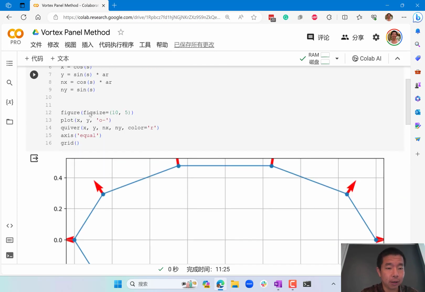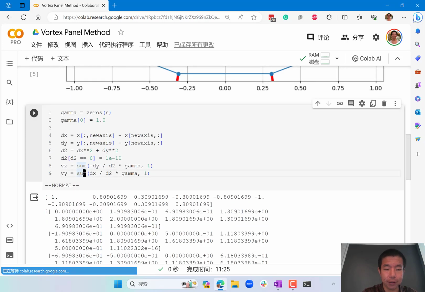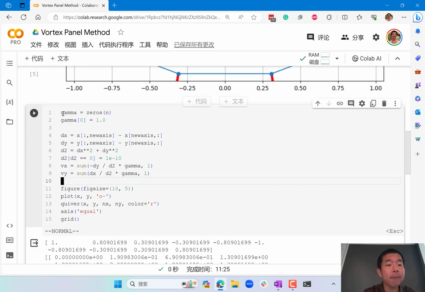Now let's copy the code over here and look at the velocity induced by this set of vortices, which are 0 except for the first vortex. So we'll quiver Vx and Vy.